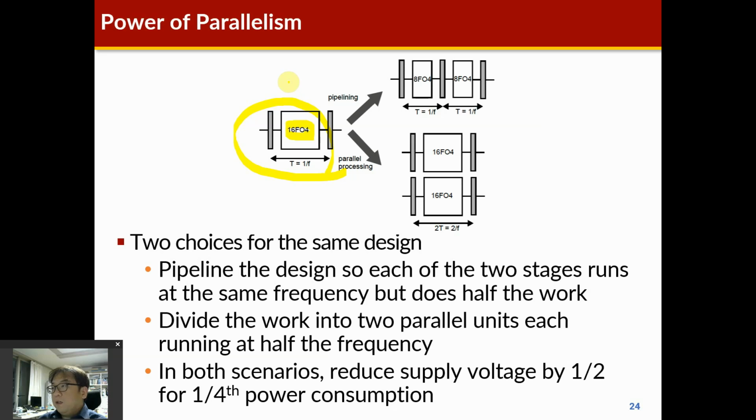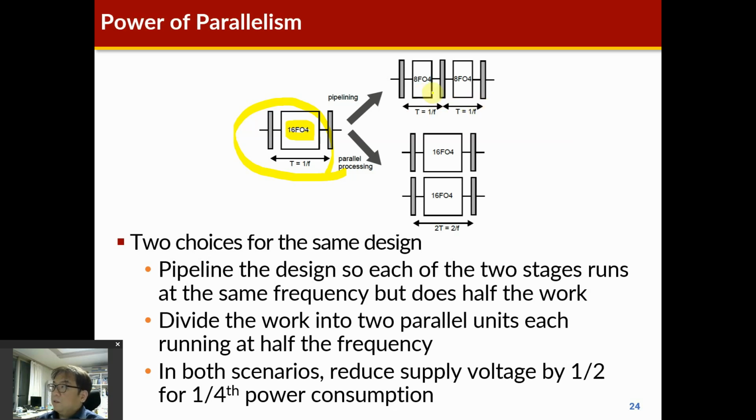If we insert a pipelining register between this logic, then we can reduce the critical delay of this logic to half of the baseline, like 8 FO4 and 8 FO4. And in this case, we can set the same clock frequency here.